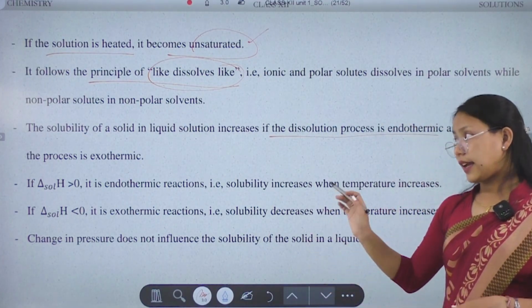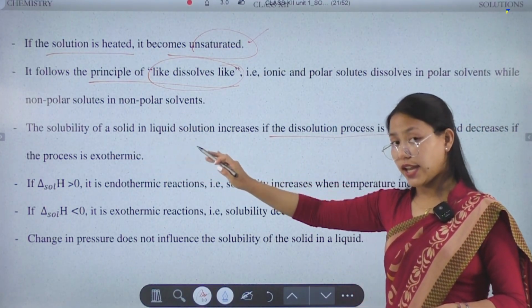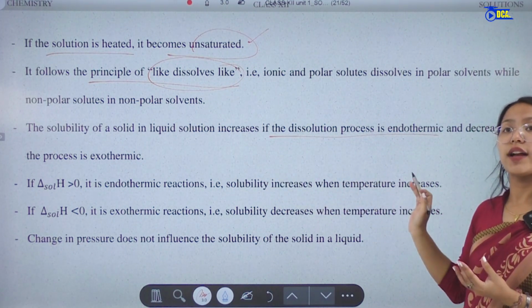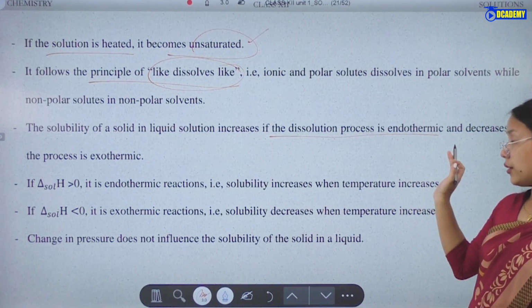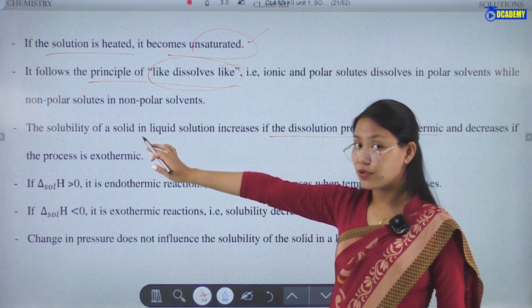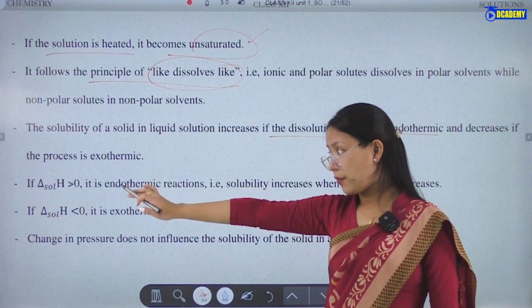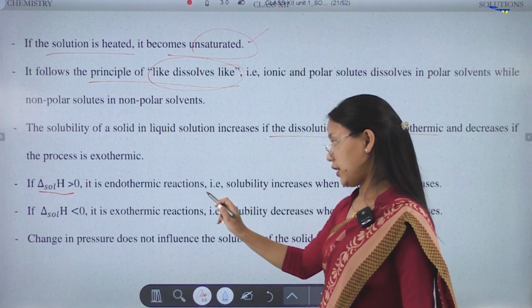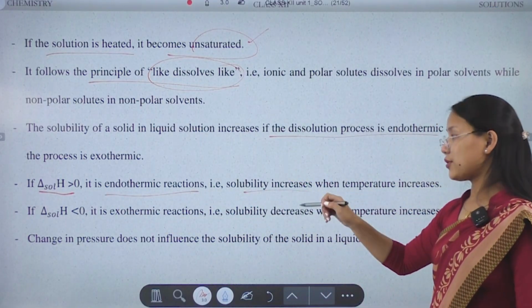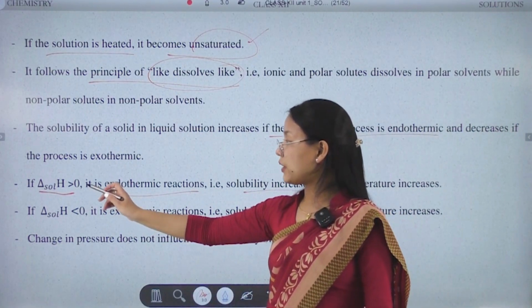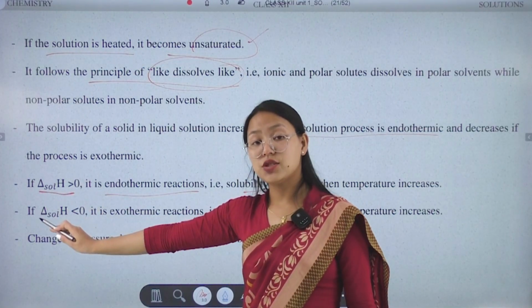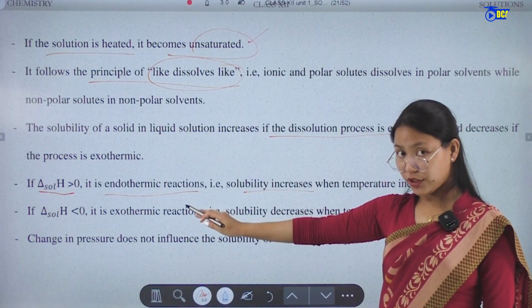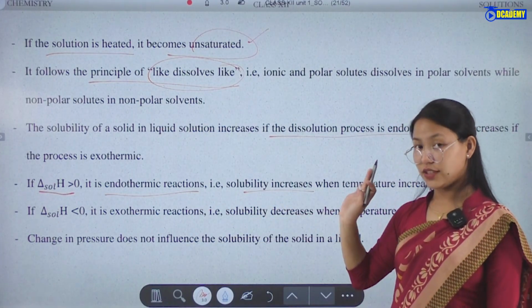So if solubility increases, heat is absorbed, that means it is endothermic. When it is endothermic, solubility increases, that means enthalpy, the energy, is greater than 0. Already endothermic, solubility increases.